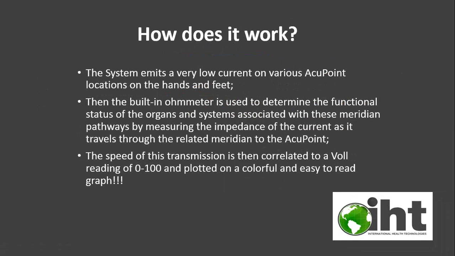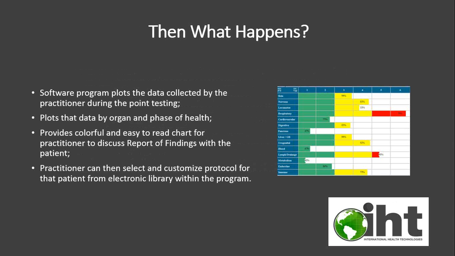And then the built-in ohm meter is used to determine the functional status of the organs and systems associated with these meridian pathways by measuring the impedance of the current as it travels through the related meridian to the acupoint. The speed of the transmission is then correlated to a Voll reading of 0 to 100 and plotted on a chart that's easy to read. So then what happens? And you can see the chart here. It's plotted based on the organ level.